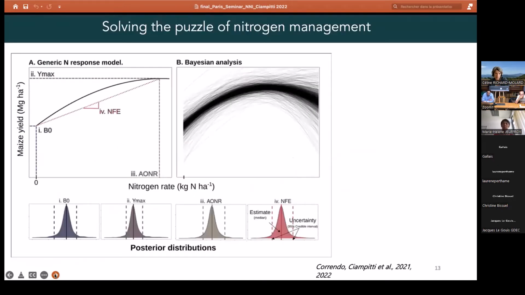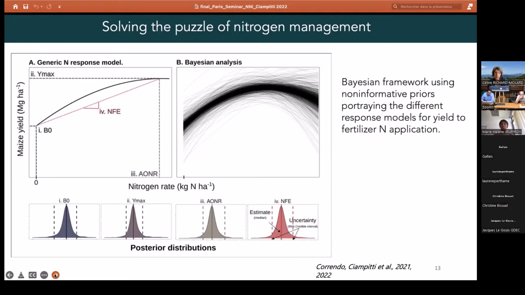So we talk about the different response models of yield to nitrogen rates, and then we start discussing a little bit about Bayesian frameworks. There are many discussions about non-informative priors or informative priors. I will let Josefina lead those questions, since I think she's working on that, and that's the main point of thinking about how we can improve these models.